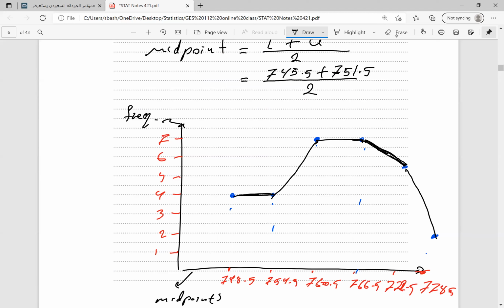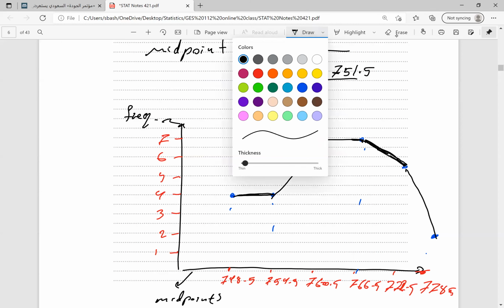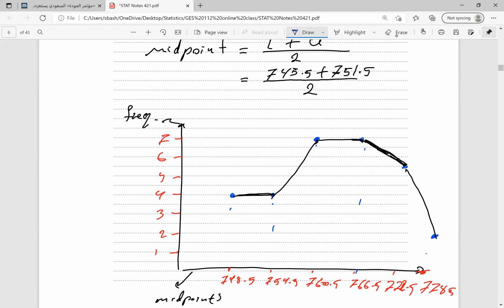So this is the frequency polygon, but we have to be careful about one thing. For the frequency polygon, we have to close it. It means we have to start with the zero frequency and end with the zero frequency. So we must have closed part. So this one should go for this point, and last one should go for this point.